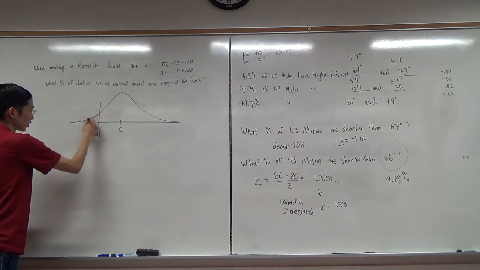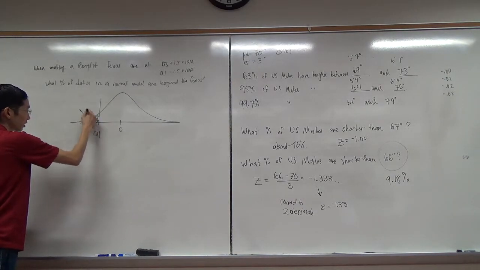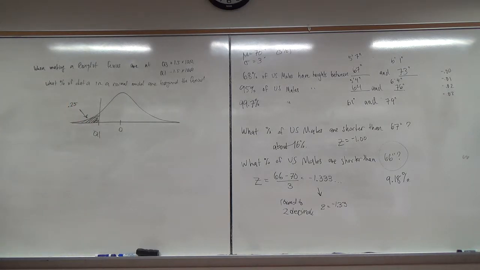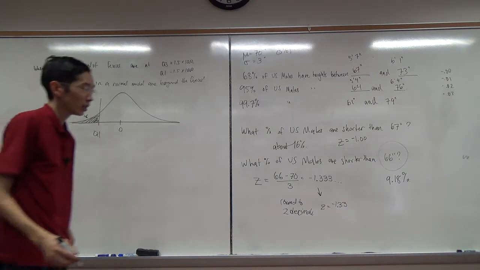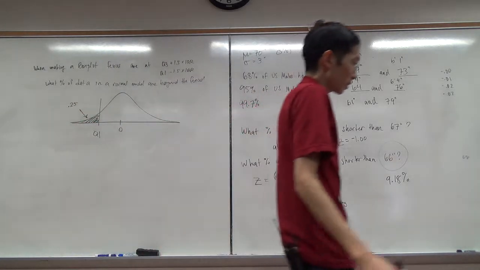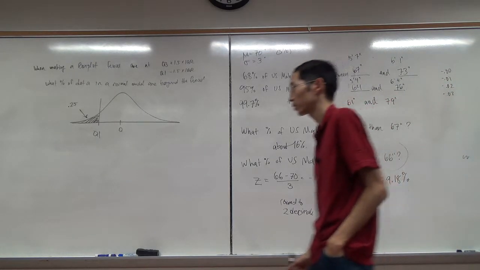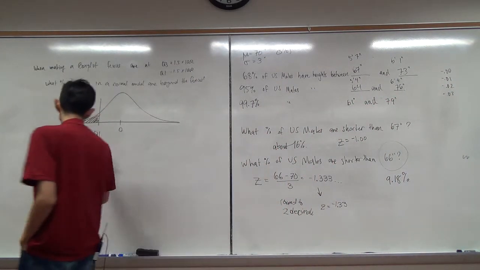Okay, so this would be 25%, 0.25. So in this case, I want to find out the z-score that corresponds to Q1.